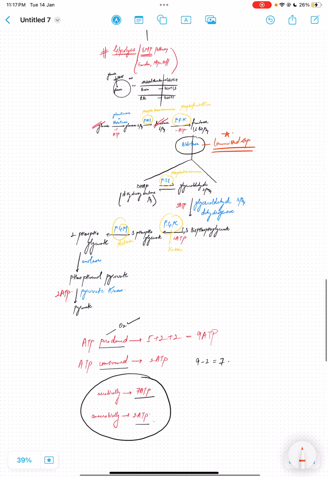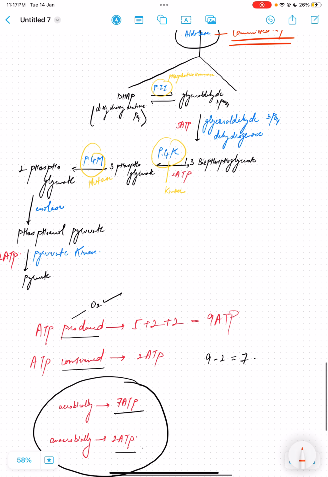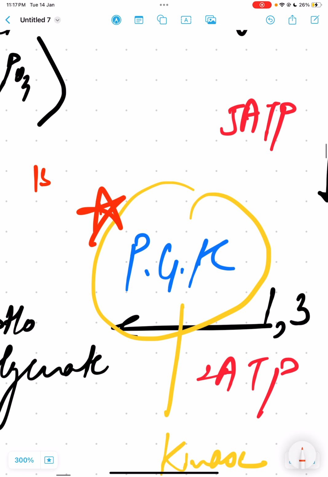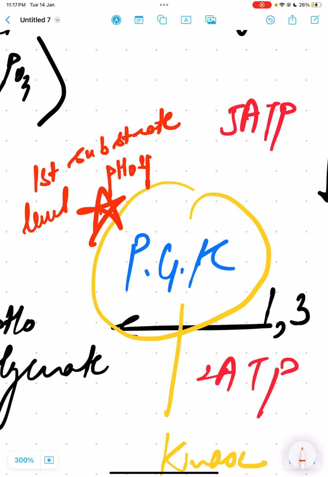And then there are 2 substrate level phosphorylations. First of all, in the case of phosphoglycerate kinase, in this step there will be the first substrate level phosphorylation. Let me mention it over here.